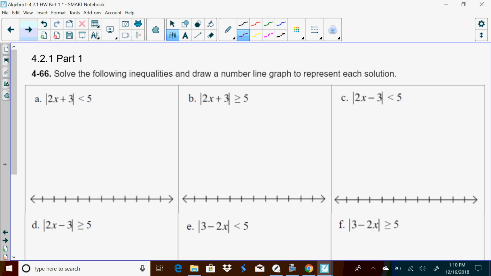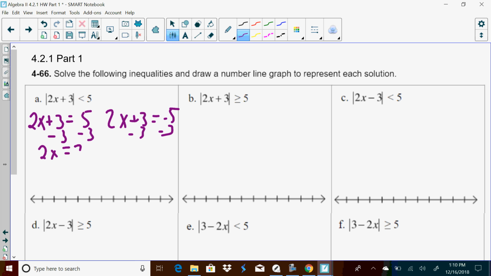Problem 66, solve the following inequalities and draw a number line graph to represent each solution. So this first one is 2x plus 3. We think of it as equal to 5, and 2x plus 3 equals negative 5. So 2x equals 2. 1 is one of our boundary points.